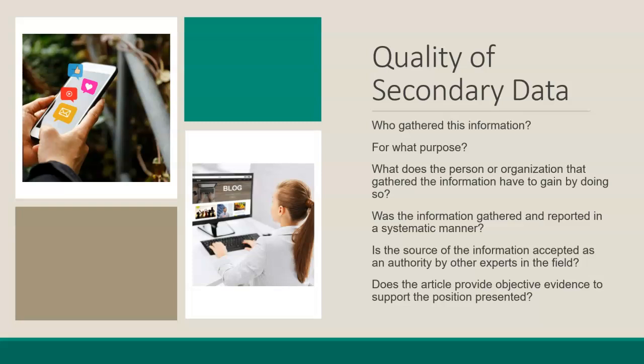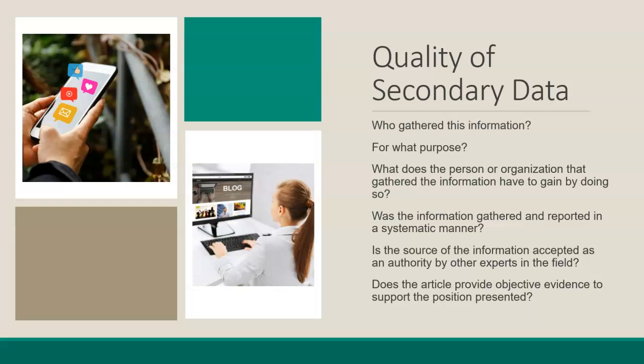And then, was the information gathered and recorded in a systematic manner? When they say systematic manner, did you go to a website? Did you verify the data by utilizing other secondary data, or did you see the author? Did you check, was it step by step? Is the source of the information accepted as an authority by other experts in the field?